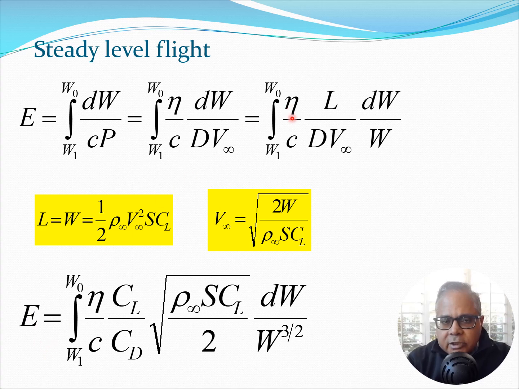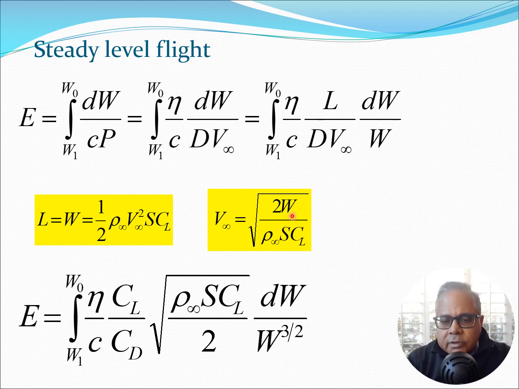You can clearly see the first two terms are here, that is eta by c, then L by D becomes CL by CD. The V infinity has been replaced here, so what we have done is flipped this. The rho infinity S CL has gone into the numerator and the 2 into the denominator, and there was a W there also.